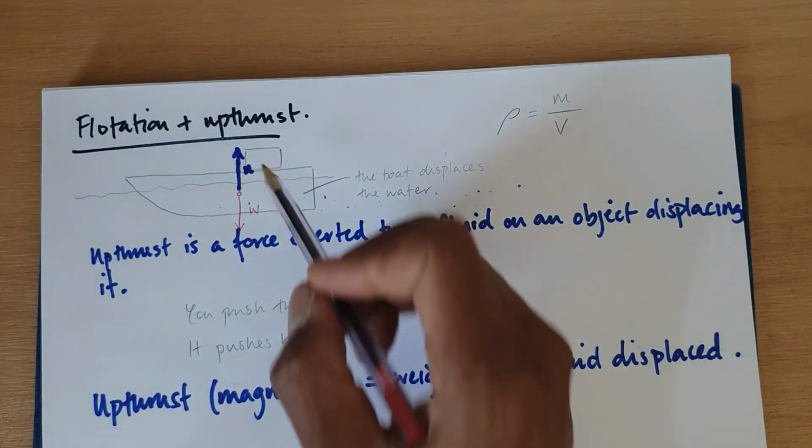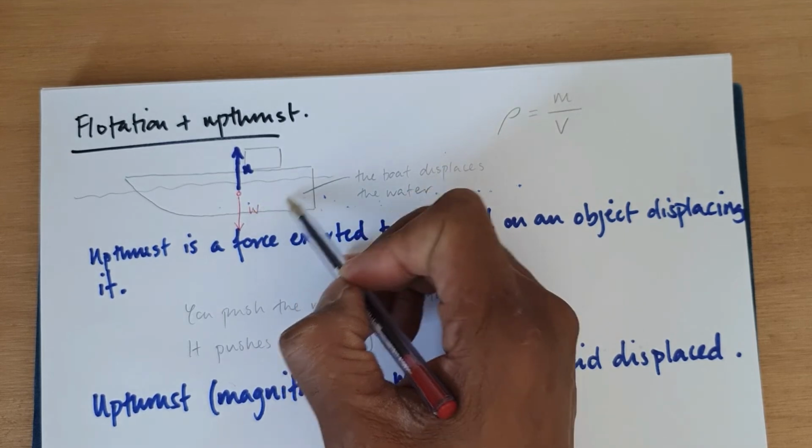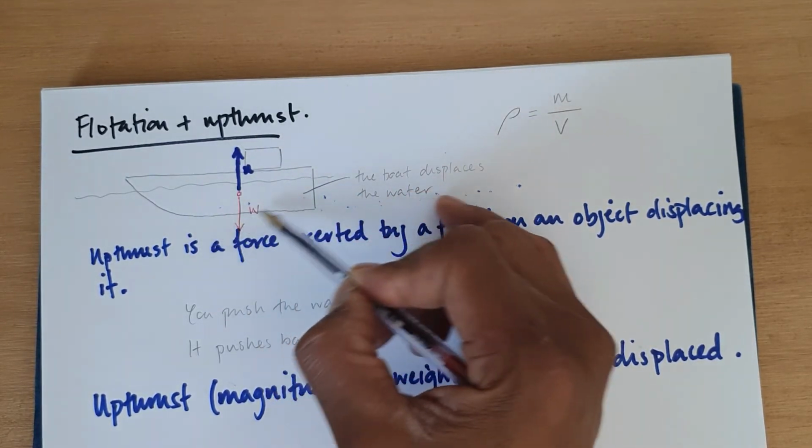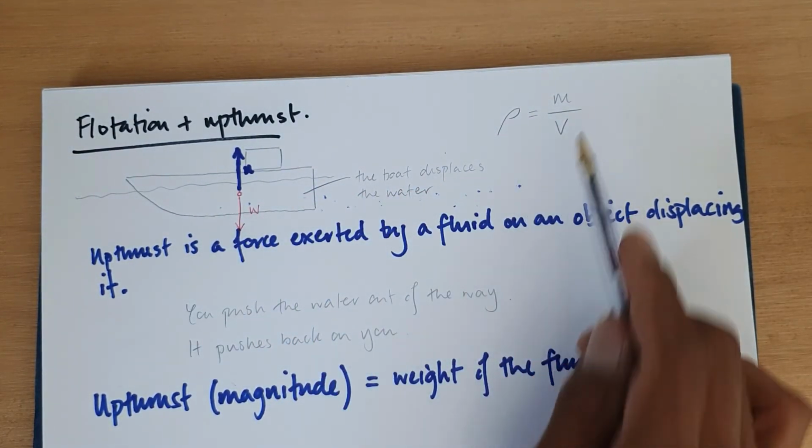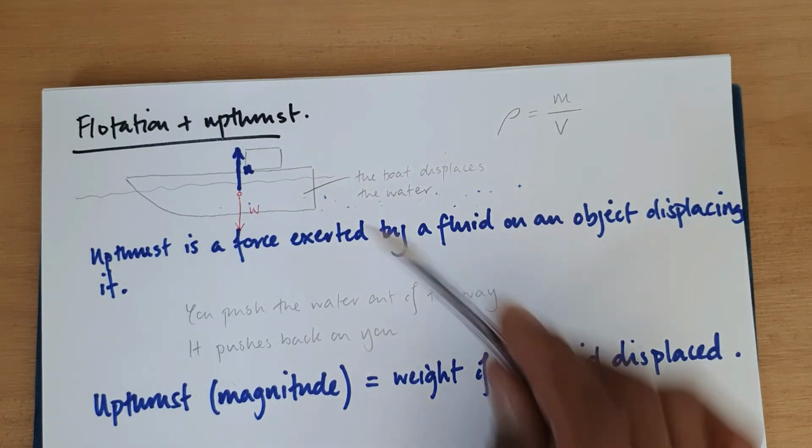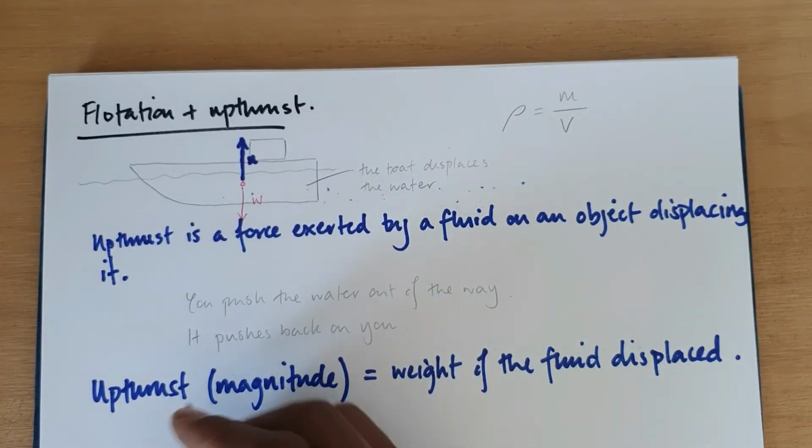If the object that you place inside the liquid is less dense than the liquid, it will float. So I'll write that.